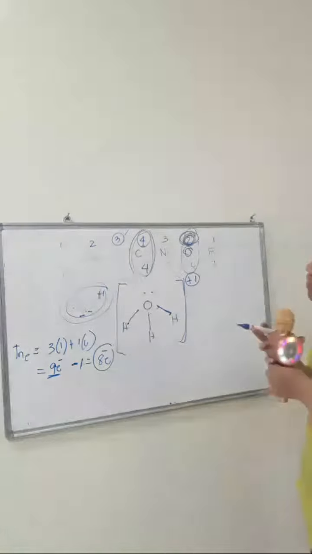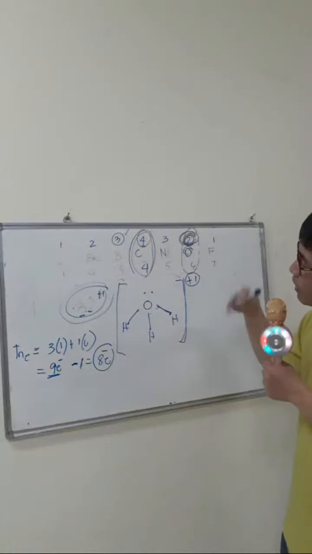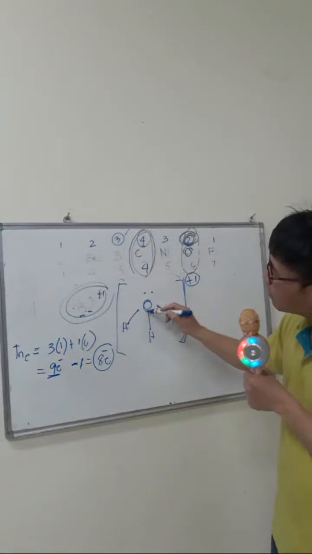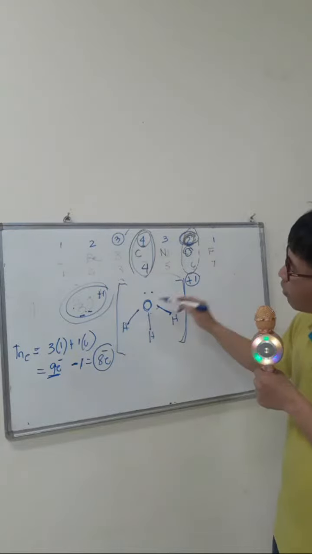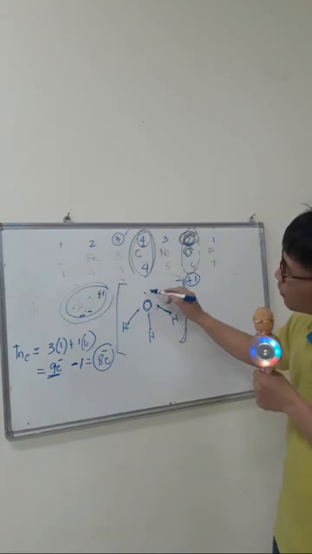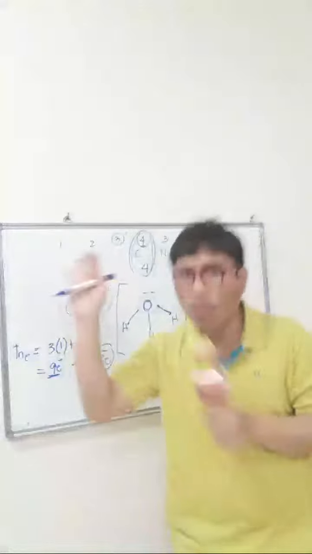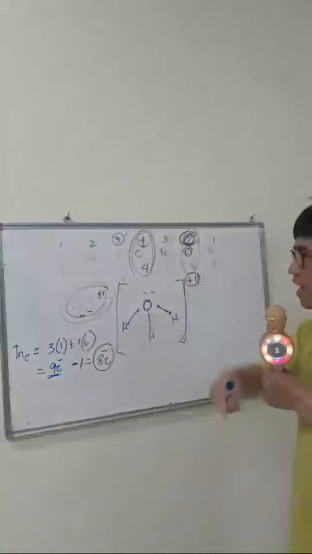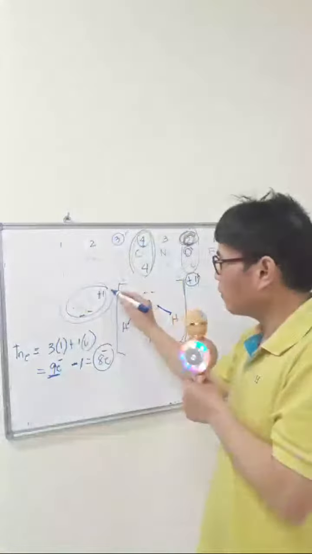Now, oxygen has 6, so let's count: 1, 2, 3, 4, 5. One was removed. Outside, it becomes the charge of the hydronium ion.